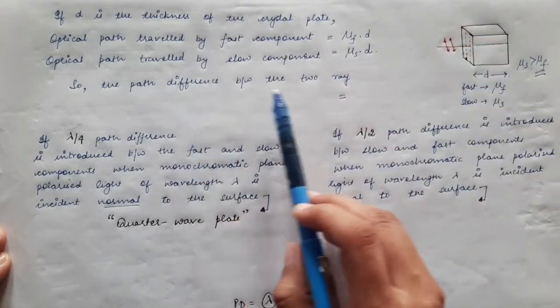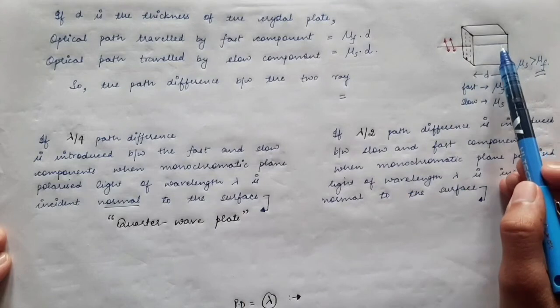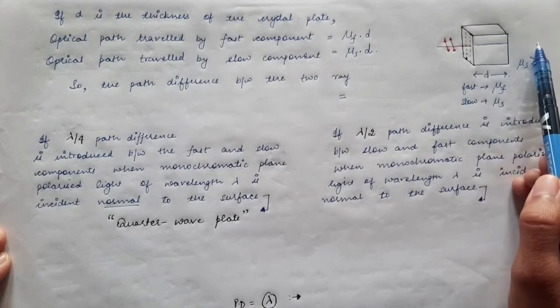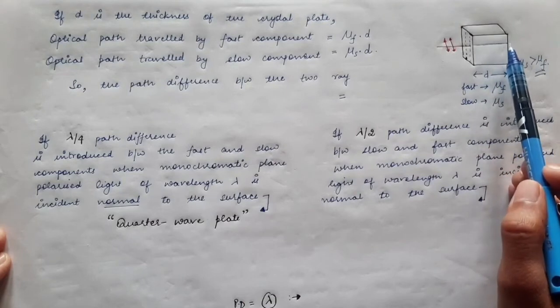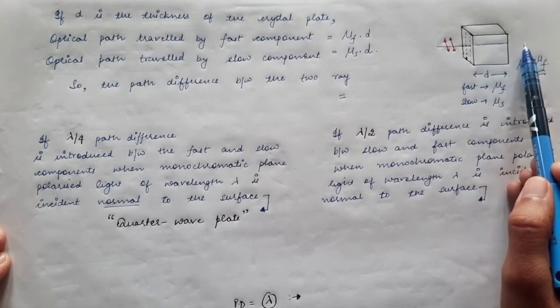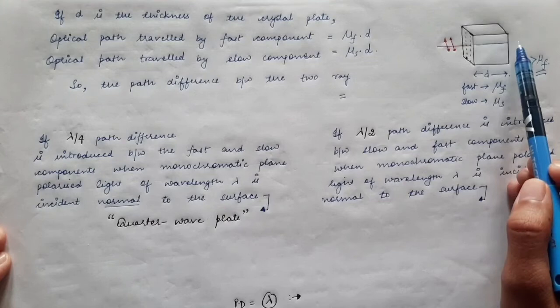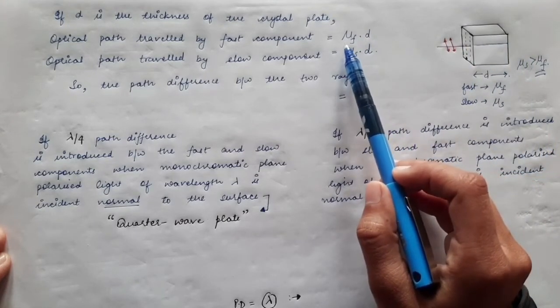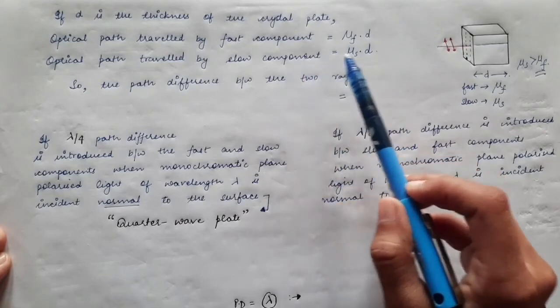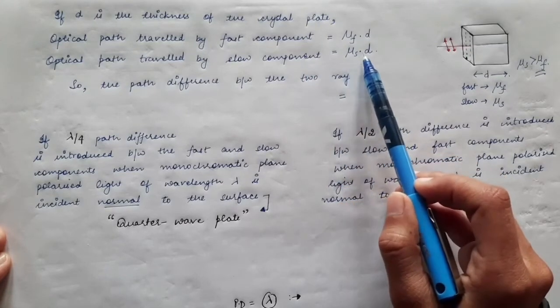So what is the path difference between these two rays when these two orthogonal components emerge out of this plate? One has traveled the optical path mu f into d, and the other has traveled the optical path mu s into d.